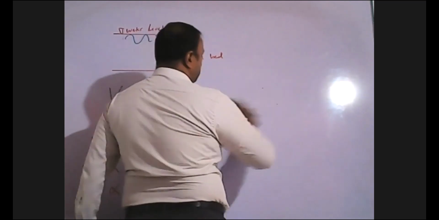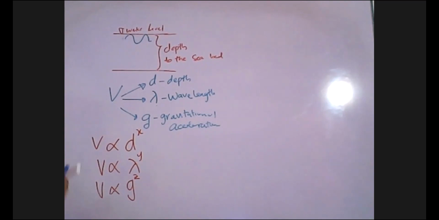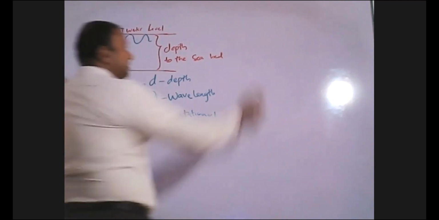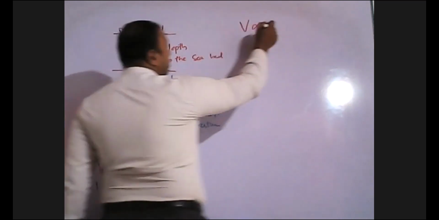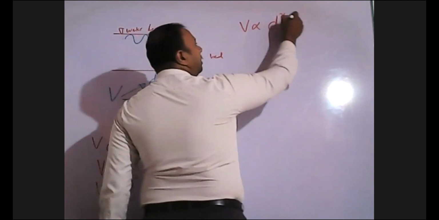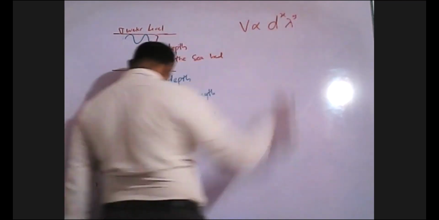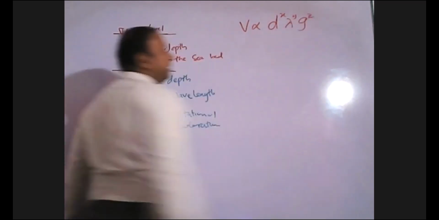From these assumptions, I can build a combined relationship. V is directly proportional to the product of these, d to the power x, lambda to the power y, g to the power z. That is my combined one.